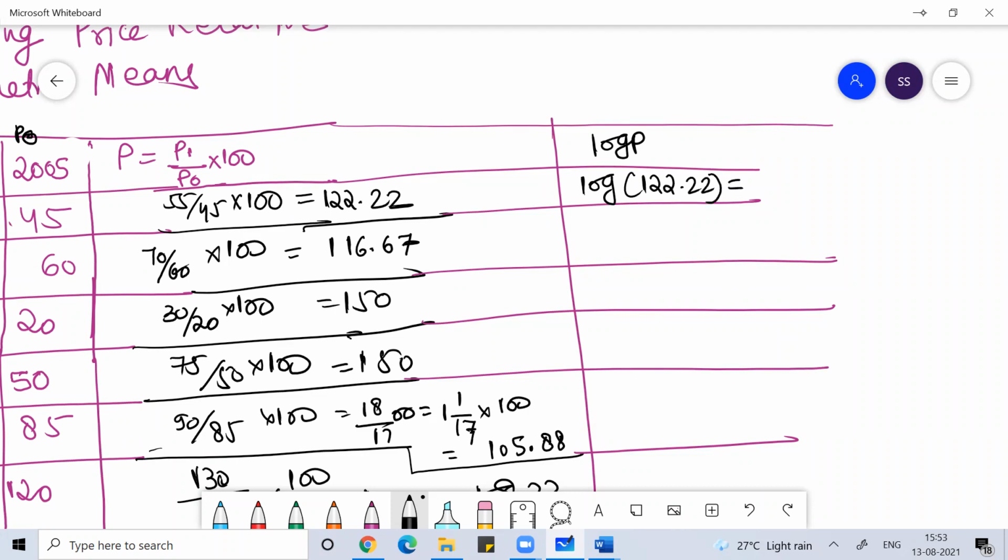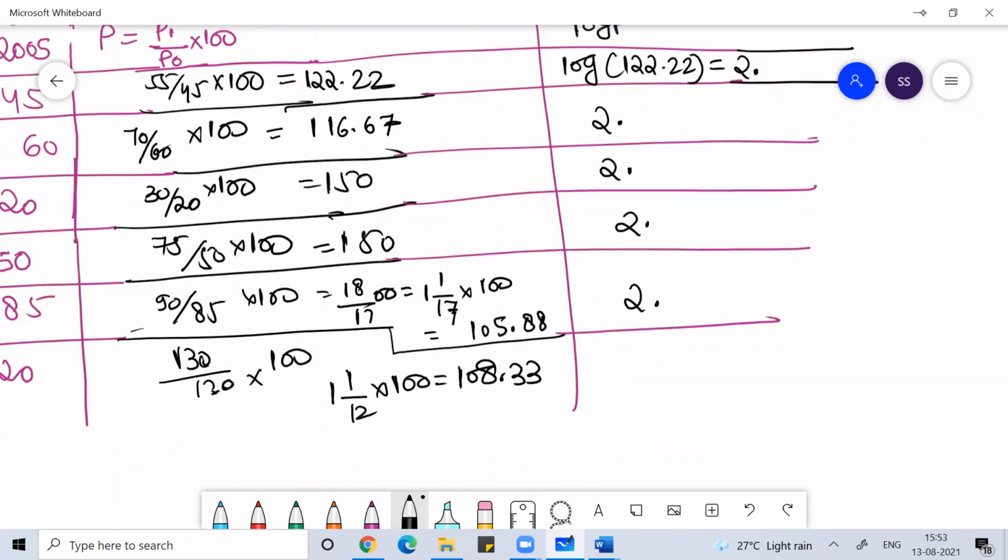The characteristic of log will be 3 minus 1, 2 point something, since there are 3 digits. Log of 116.67 is 2 point something, 3 digits. 105.88, 2 point something. Then 108.33, this is 2 digits.